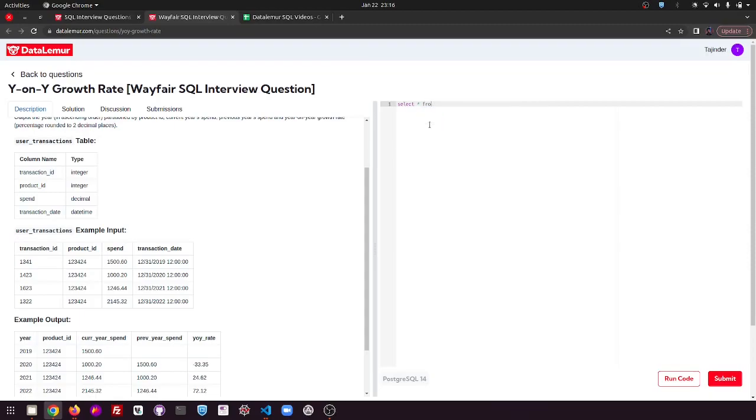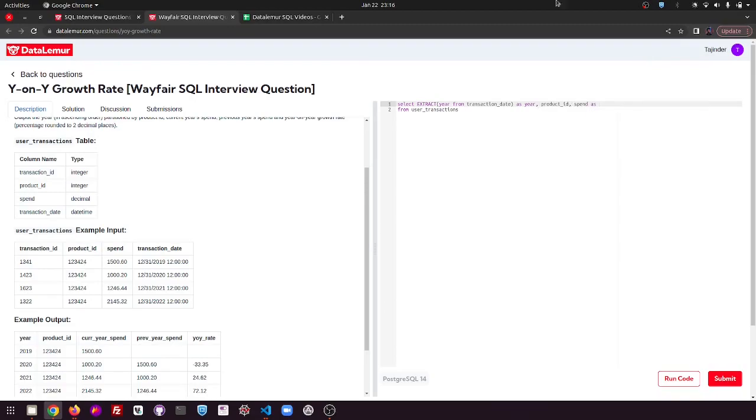So this is the table. Select star from transactions. Okay, first we know that we need to extract the year from the transaction date column. We need spend and product ID here.